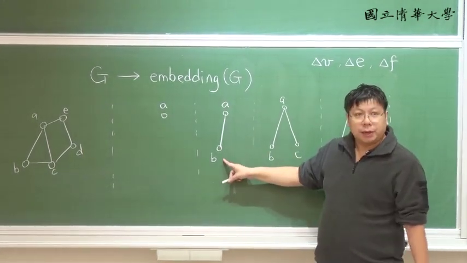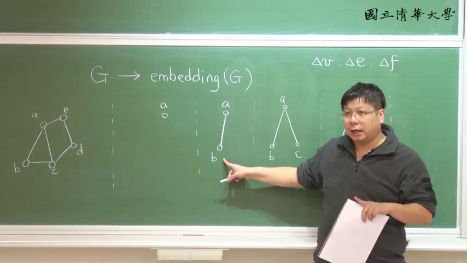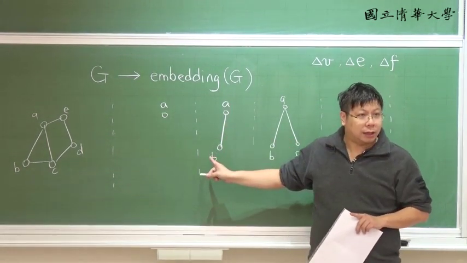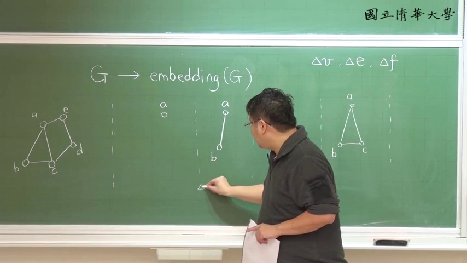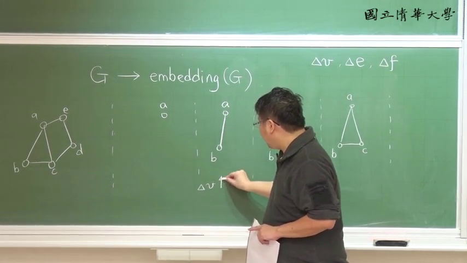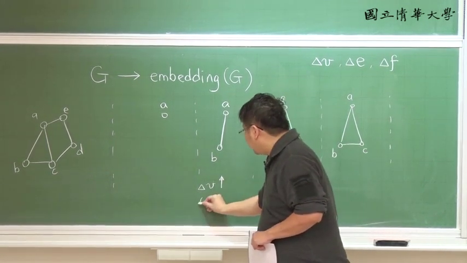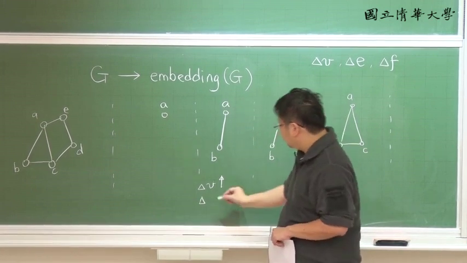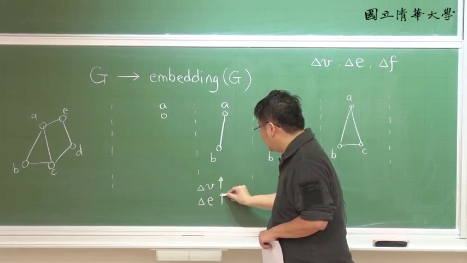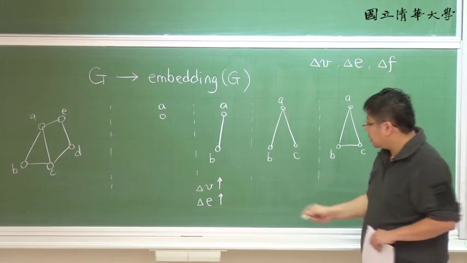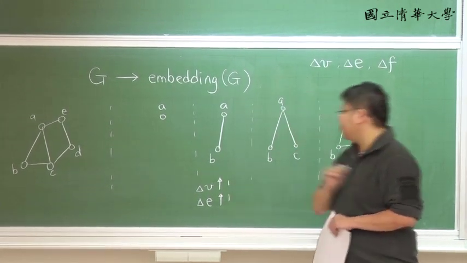In this case, we are adding one vertex, and at the same time, we're adding one edge. So we have delta V increases by 1, and delta E increases by 1.